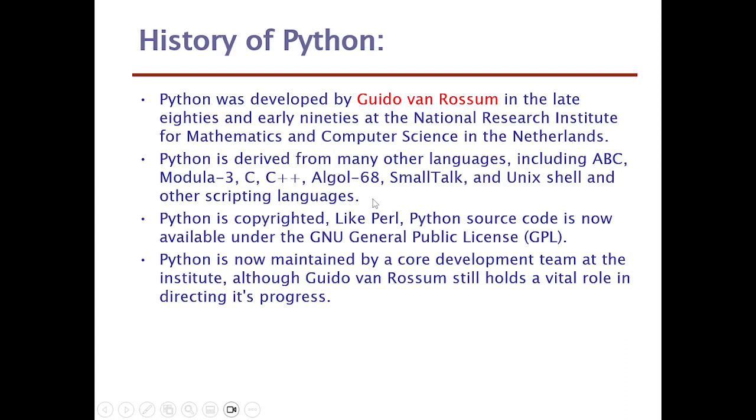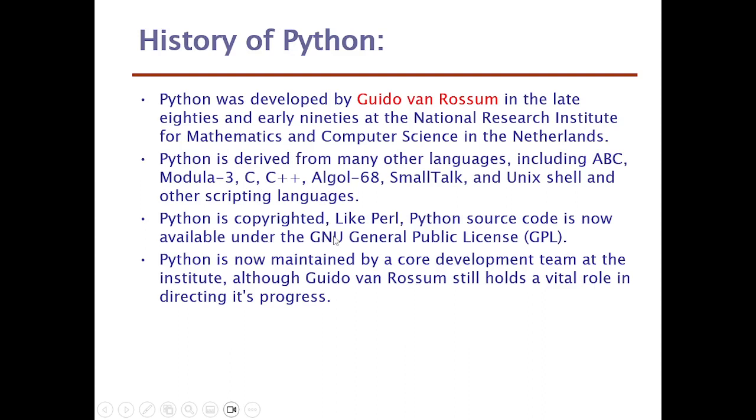So these are legendary languages because they are already old enough. Many of these are not appearing in our programming today, but they are the foundation of all programming languages, especially C programming.